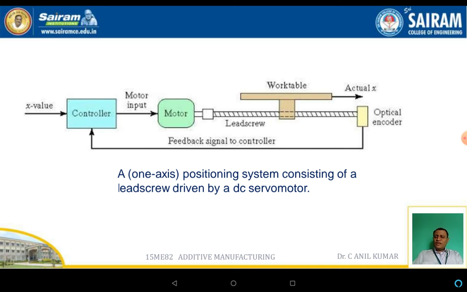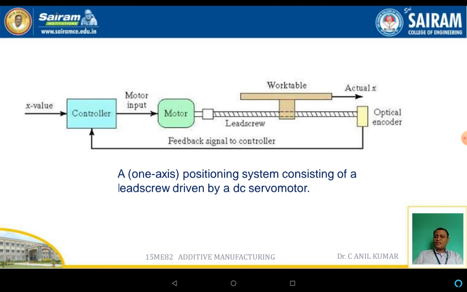For example, consider a system consisting of a motor and a work table. The work table is connected through a lead screw, and there is also an optical encoder. The movement of the table is actuated through the motor. The input parameter is the movement of the table in the x direction, which is controlled by the controller.